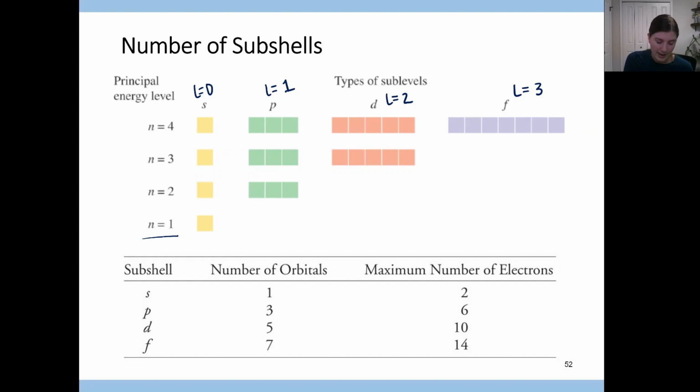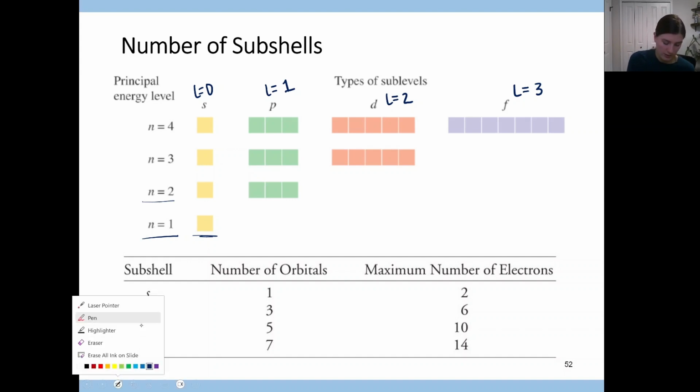So if we have only an s shell, we have 1 orbital, and that means only 2 electrons can occupy that orbital. 2 electrons can occupy each orbital maximum. If n is equal to 2, then L can equal 0, and L can equal 1.